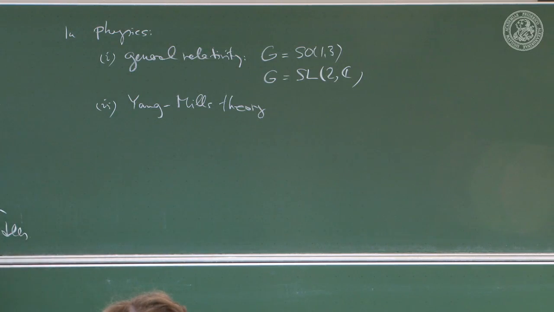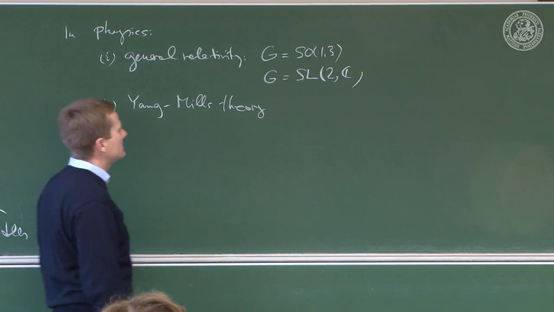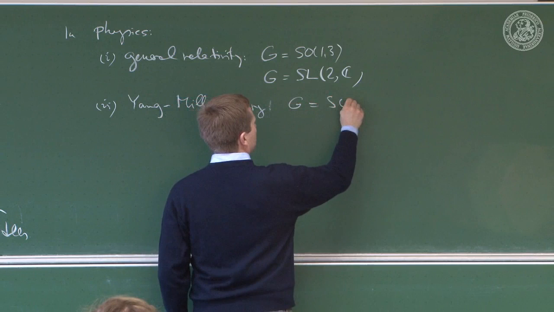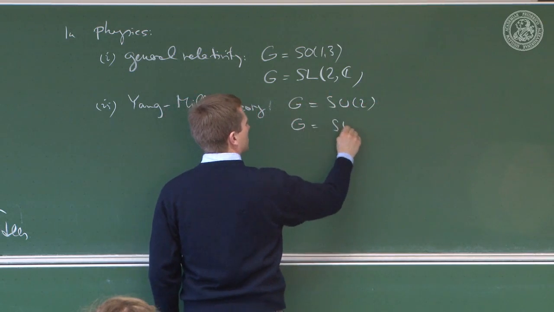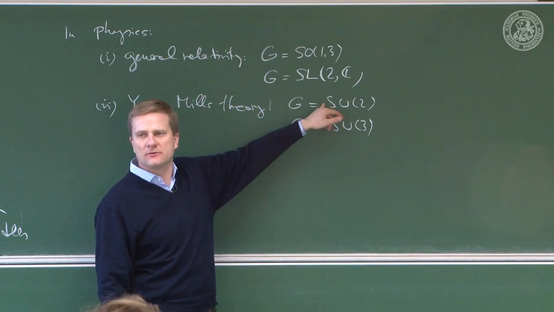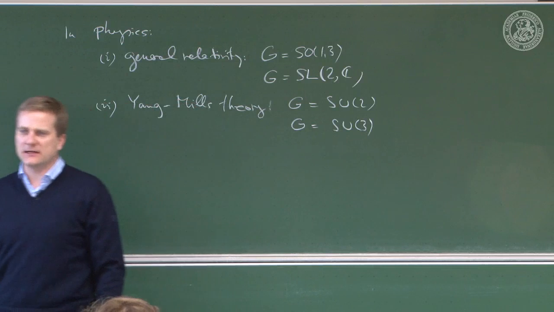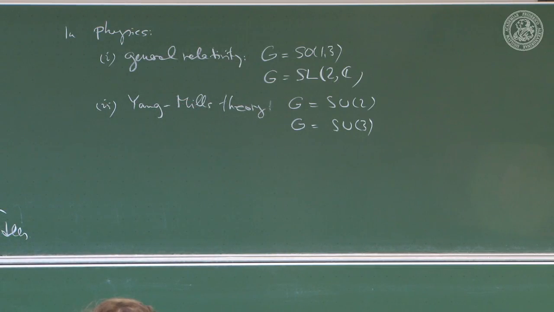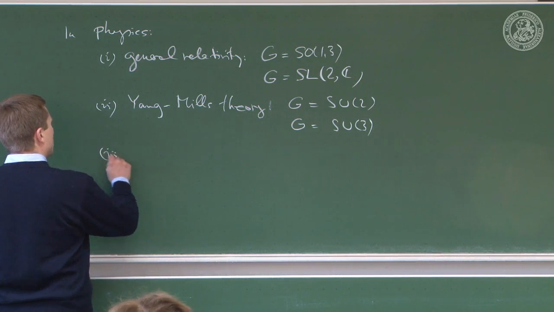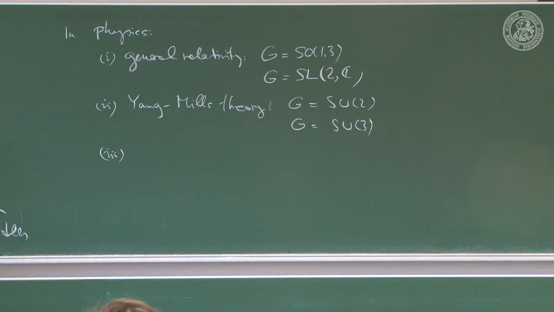In the standard model of particle physics, that would be, for instance, SU(2), or it could also be SU(3). So this would be, roughly speaking, the electroweak theory, and this is the strong interaction. These theories can actually only be properly understood, with their subtleties, by considering principal fiber bundles.